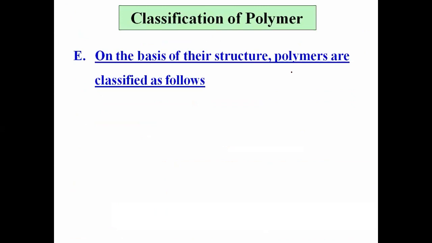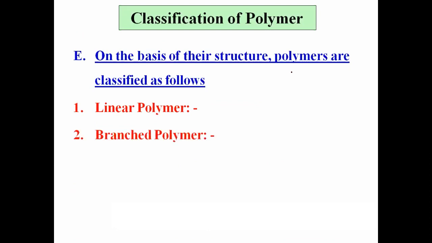Okay, let us see next mode for the classification. And in next mode, they are classified. Actually, this is the mode which based on their structure. On the basis of their structure, they are classified into different types. One is the linear polymer, second is the branched polymer, and third one is the three-dimensional polymer.